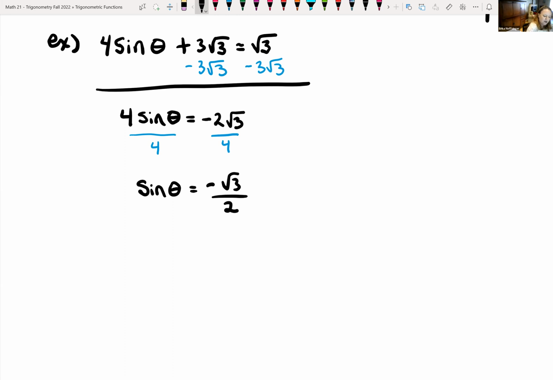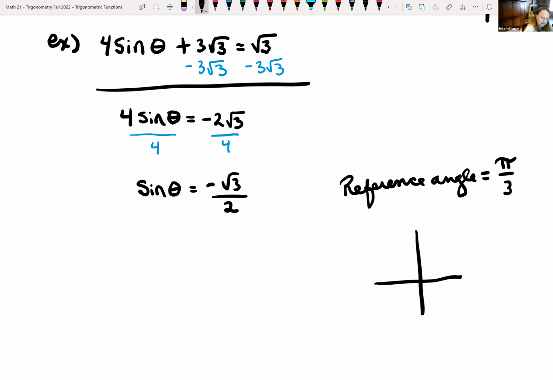And so I know my reference angle is equal to pi/3. And so again, knowing that sine is negative in this third quadrant.